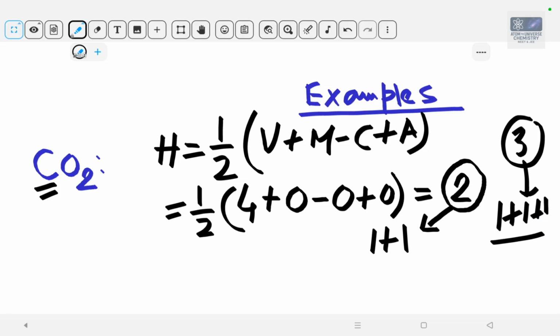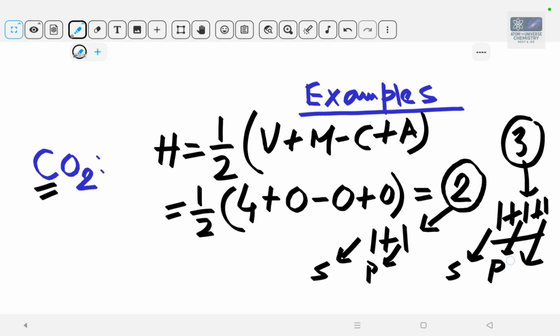The first value stands for S, the others for P, so in that case it is P, that means sp. If the H value comes 4, then it is sp3, and the maximum value of p can be 3.